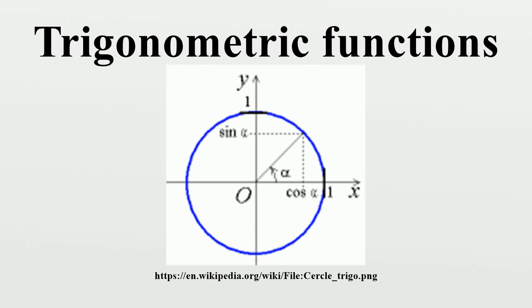Reciprocal functions. The remaining three functions are best defined using the above three functions. The cosecant, csc or cosec, is the reciprocal of sin, i.e., the ratio of the length of the hypotenuse to the length of the opposite side, so called because it is the secant of the complementary or co-angle.